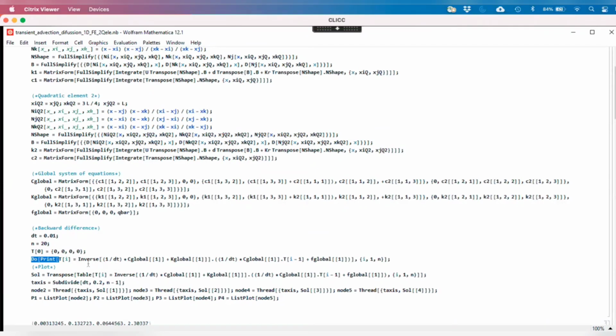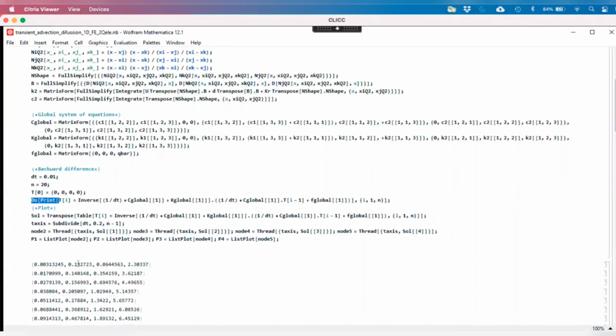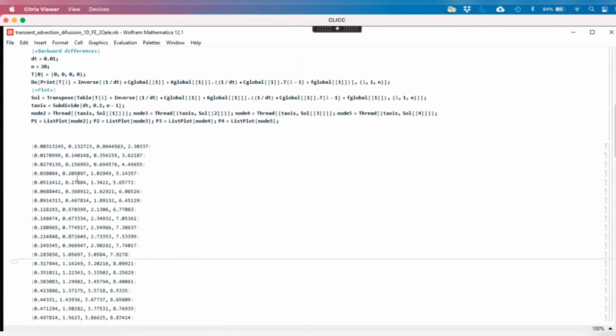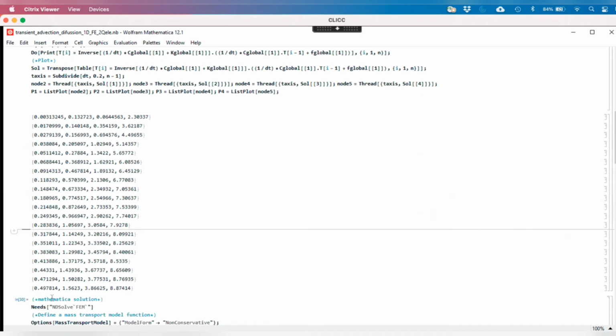So all we have done up to this point is to solve for the coefficients. If we do that, this is what we got. So we have all the values for each node for 20 time steps. That's what we got.